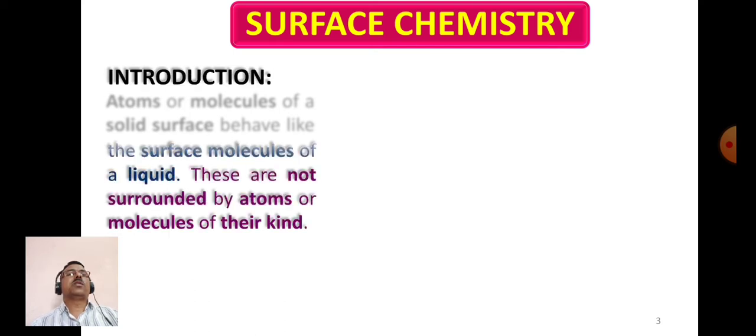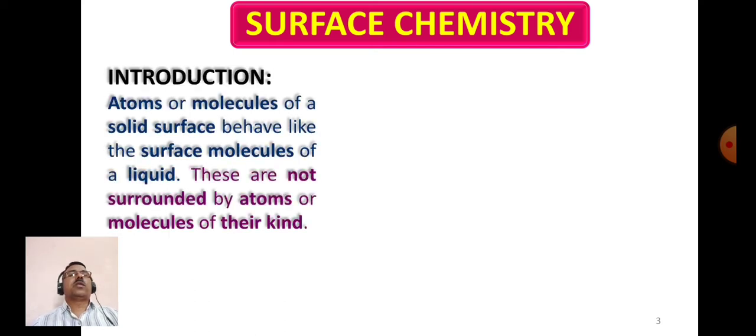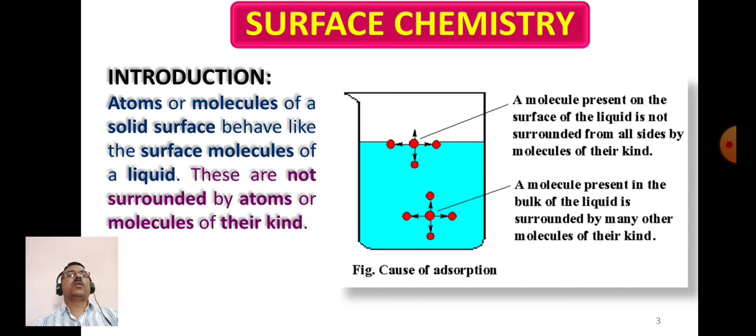Regarding this, we have to consider a solid substance, and the atoms or molecules of a solid substance behave like surface molecules of liquids. You know, the liquid, so this is the surface molecule of the liquid, and this surface molecule of the liquid is not surrounded by atoms or molecules of its kind.